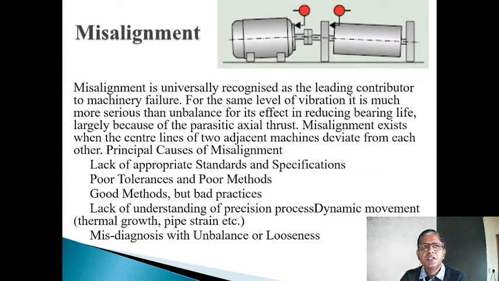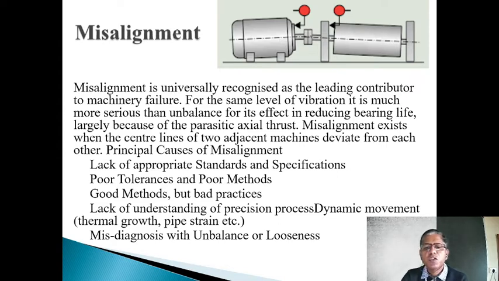Angular misalignment can generally be observed in the axial direction, whereas the radial misalignment, parallel misalignment, can be observed in radial directions. So if the shafts are not properly aligned, then that is termed as misalignment.